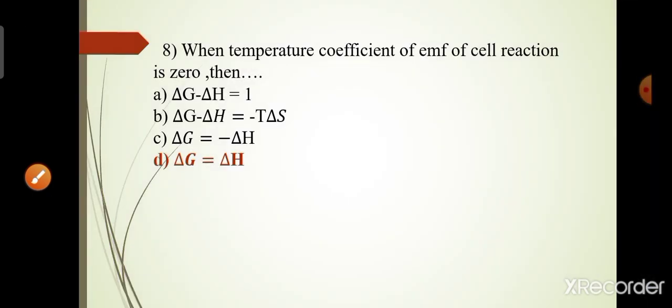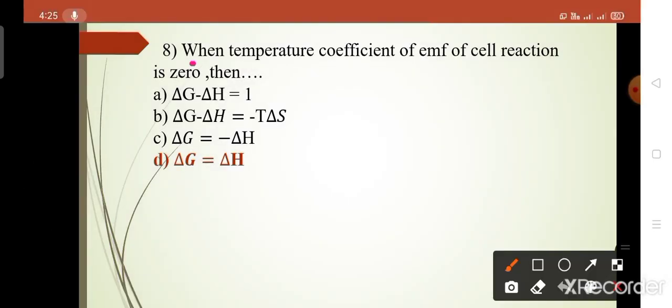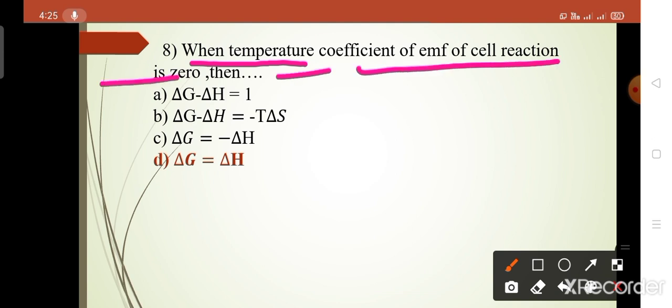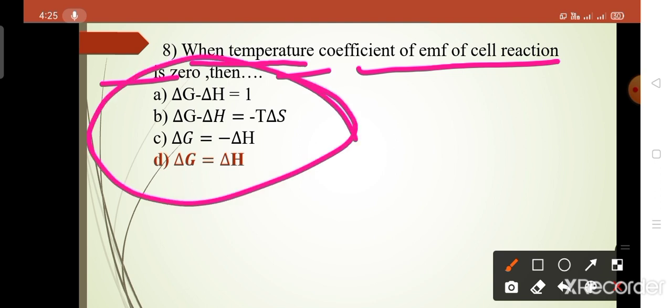Then the next question is, when the temperature coefficient of EMF of a cell reaction is 0, first we have to write the relation between delta G, the change in Gibbs free energy, and delta H, which is nothing but the change in enthalpy.